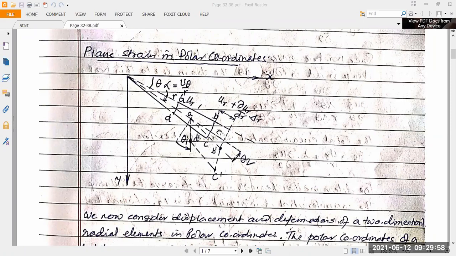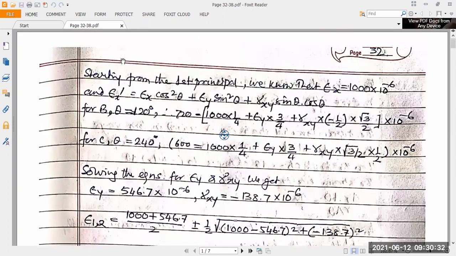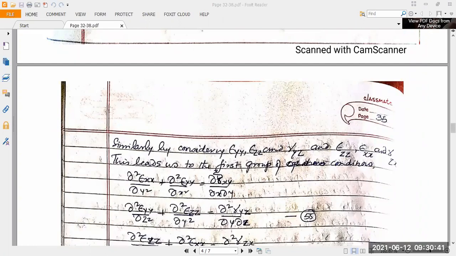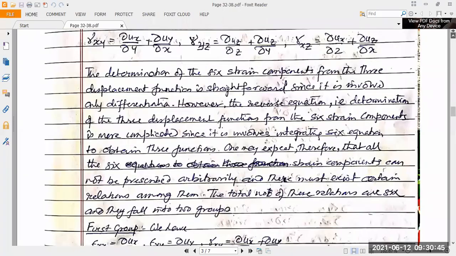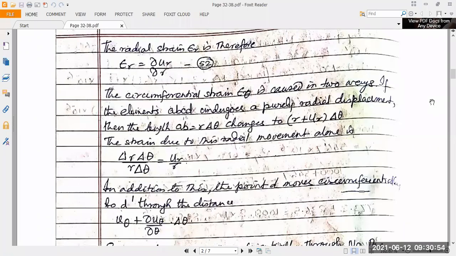which becomes ur into delta theta. Divided by r delta theta, this is ur, not delta.